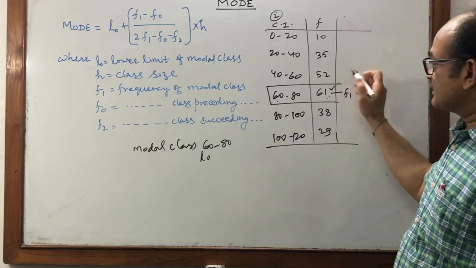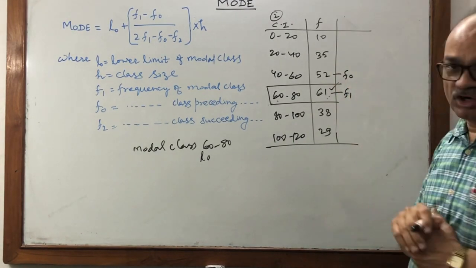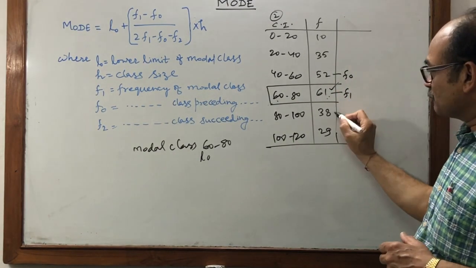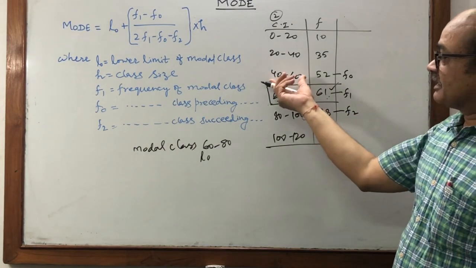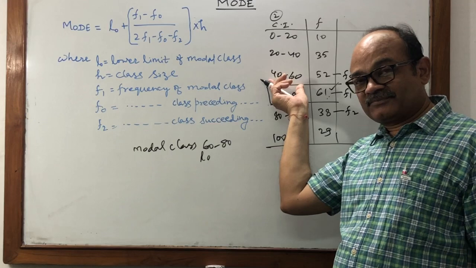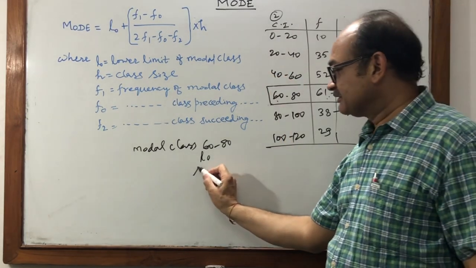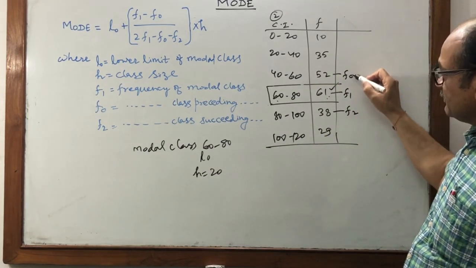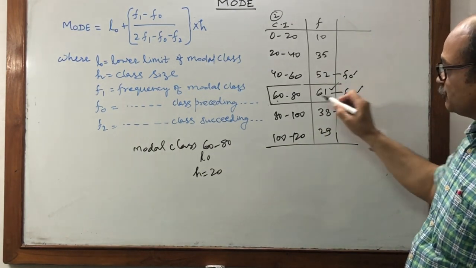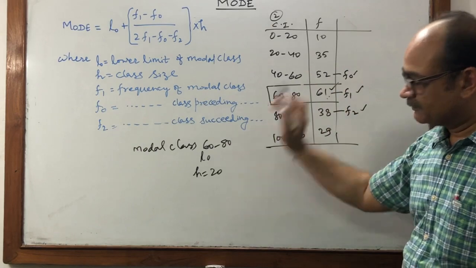Preceding to modal class, frequency is F0 and succeeding to modal class is F2. Width of the class interval you know very well. H is here 20. We have all the F0, F1, F2, L0 and H.